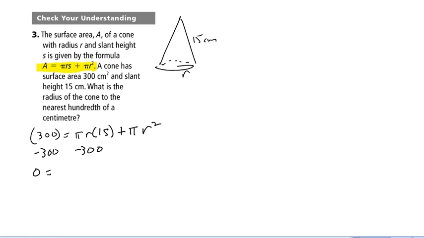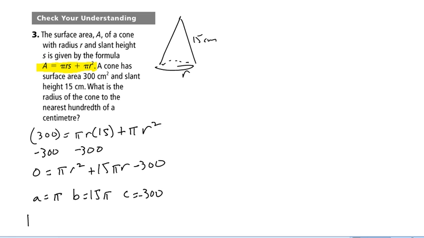I get 0 equals pi r squared plus 15 pi r minus 300. Which means that my a is pi, my b is 15 pi, and my c is negative 300. So D is going to be 15 pi squared minus 4 times pi times negative 300.